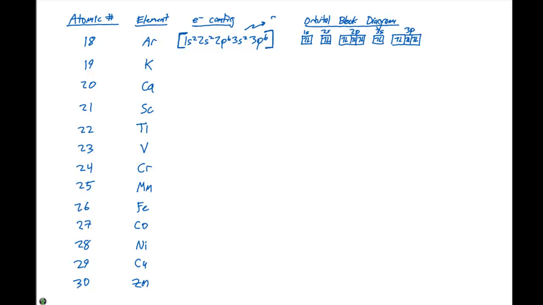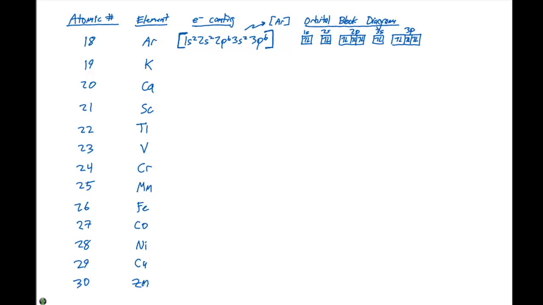This electron configuration can be condensed and put in brackets. Anytime we have a noble gas electron configuration, we can start with that. And when I put brackets around argon, I know that I'm representing the first 18 electrons in this fashion that we have right here.